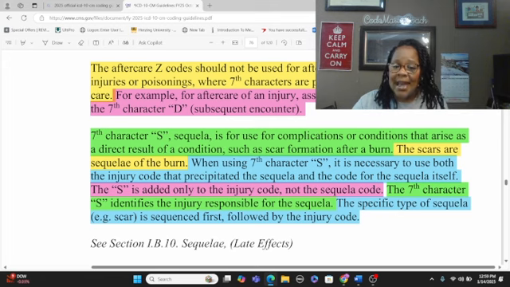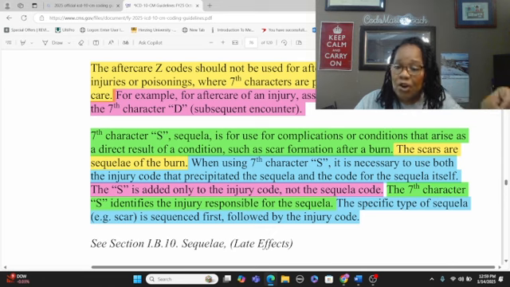The S is added only to the injury code, not the sequela code. So again, the scar today is the sequela, but you're not going to identify the scar today with the seventh character S. You're going to identify the fact that they had a burn previously. Therefore, the burn code needs the S for sequela, because they don't have that burn today.